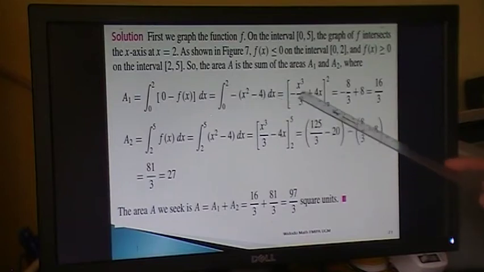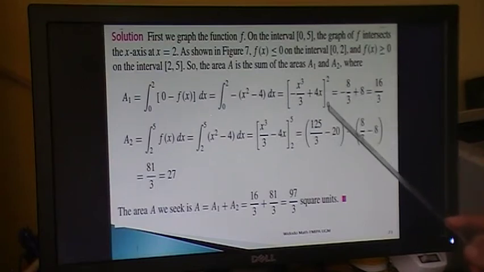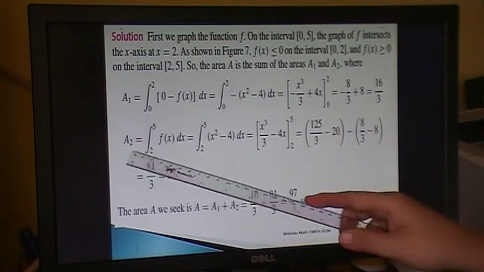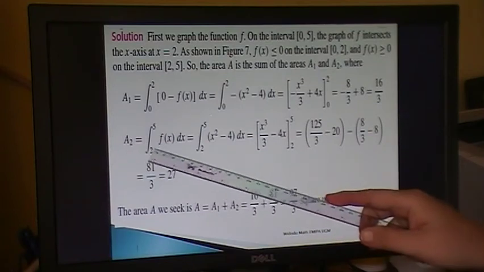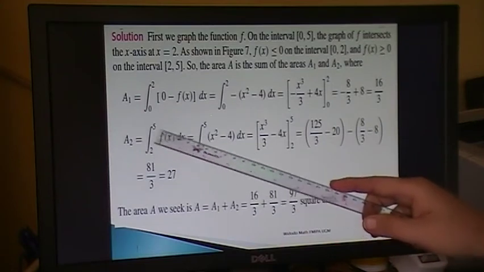It is equal to minus x to the power of 3 divided by 3 minus 4 times x, between 0 and 2. If we substitute, we have minus 8 divided by 3 plus 8, equal to 16 divided by 3.